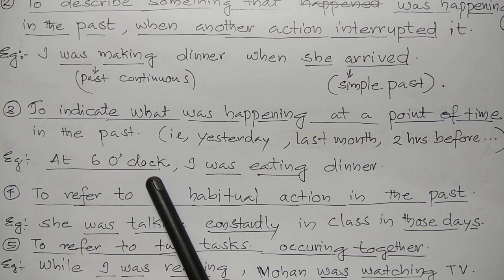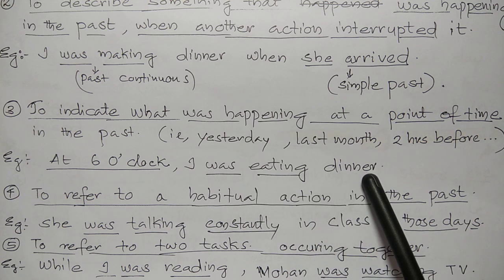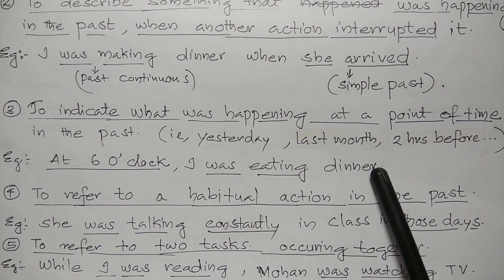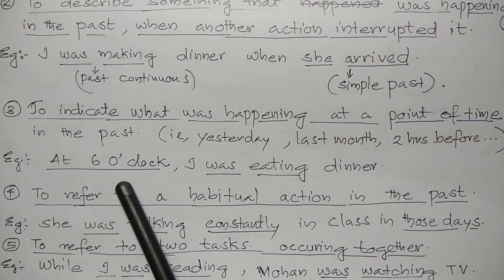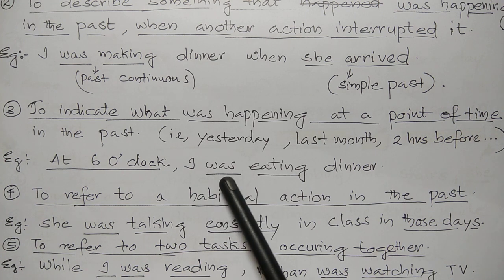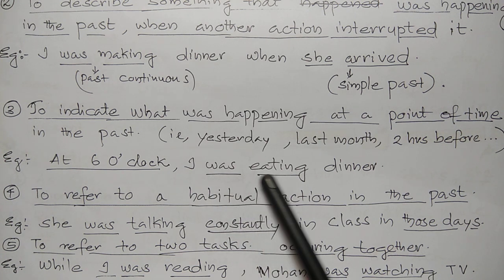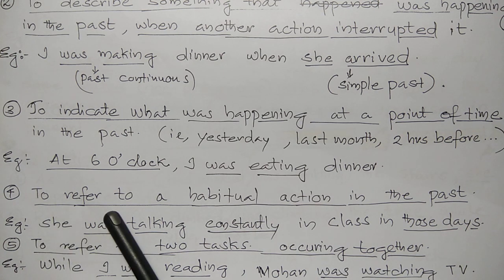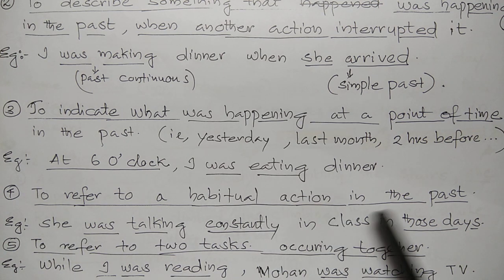At 6 o'clock, I was eating dinner. So this is a point of time in the past, at 6 o'clock. Then we use the past continuous tense.